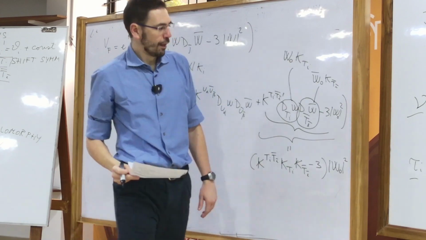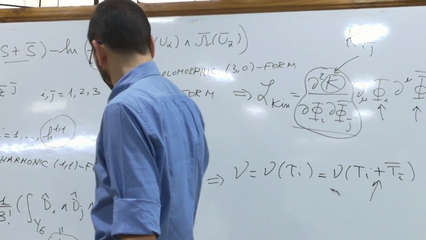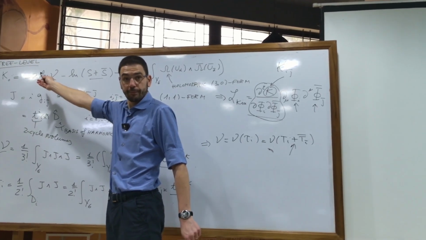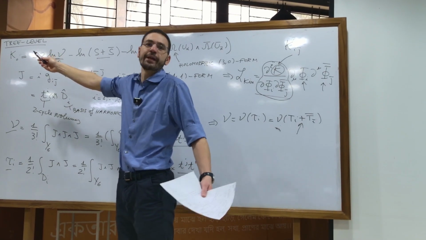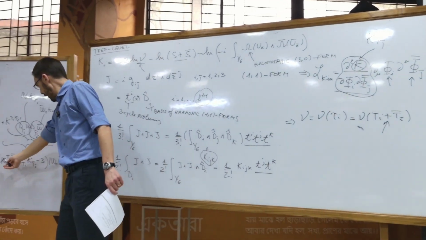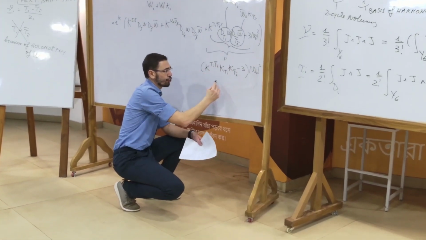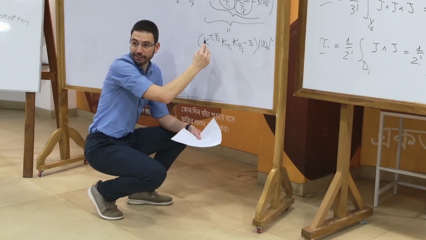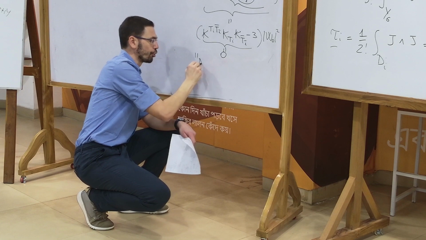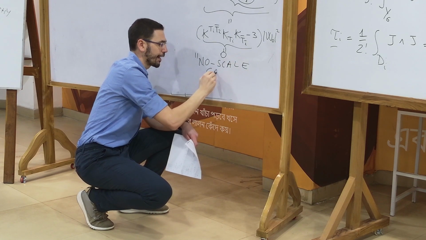If you use these expressions for the scalar moduli and you plug them back here, it's an exercise you can do. Maybe not super simple, but it's an exercise. You can compute this thing, and for any Calabi-Yau, this contraction gives you 3 exactly. So this bit becomes 0. That's a very famous result that goes under the name of no scale. We will understand in a bit why it is called no scale cancellation.